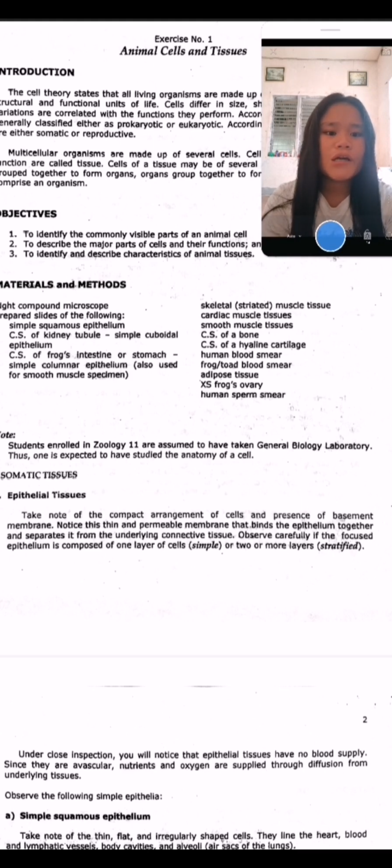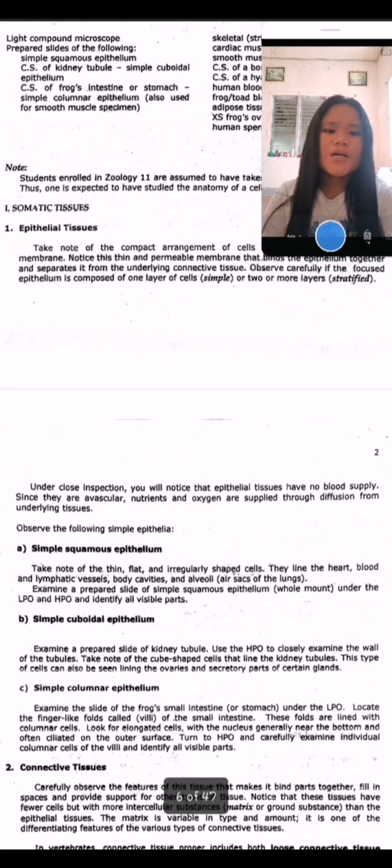Observe carefully if the focused epithelium is composed of one layer of cells, or simple, or two or more layers, or stratified.